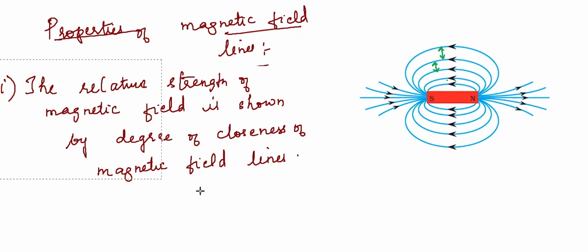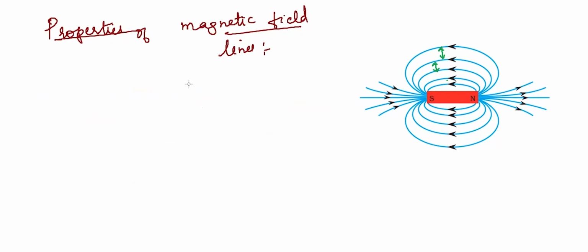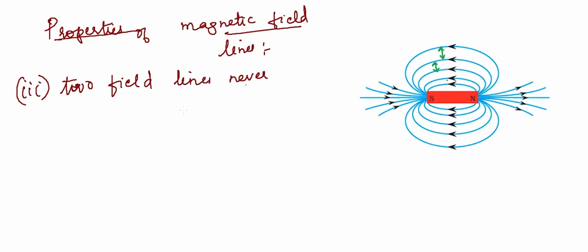Another important property of magnetic field lines is that two field lines never intersect each other. This can be explained in another way.